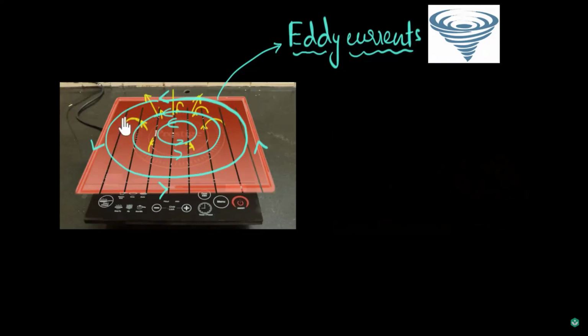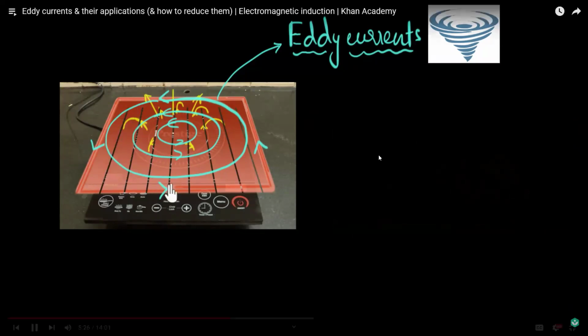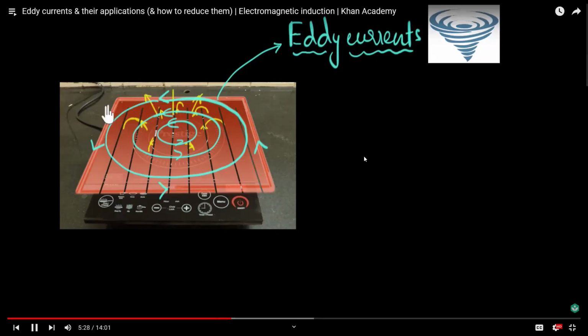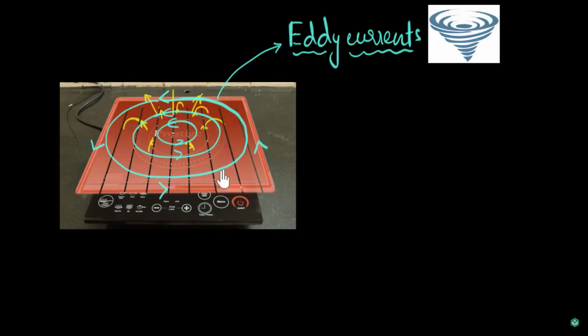We are introducing air in between, and air is an excellent insulator, which means the overall resistance has increased tremendously. As a result, the eddy currents have reduced tremendously, which means less heat loss. And this also means there is less area for the current, so you'll have tinier eddy currents. Again, because of this, we'll have less heating effect.